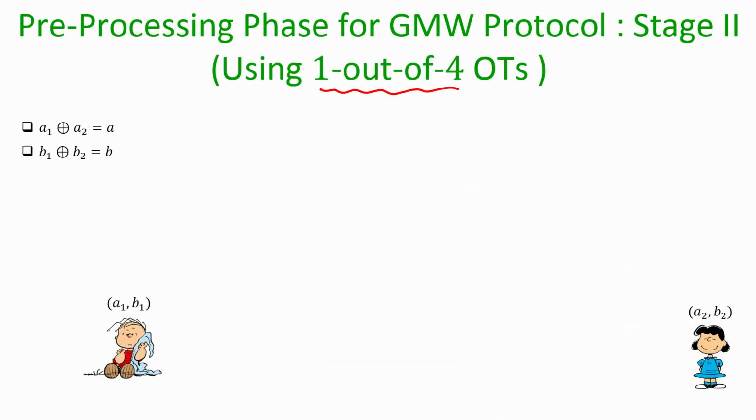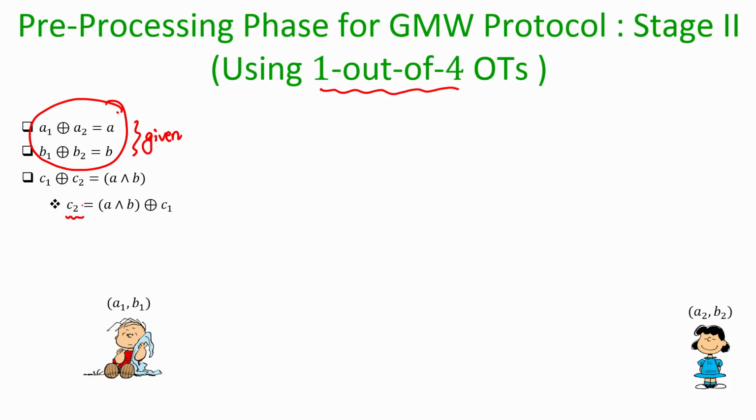Okay. So, the idea here will be the following: we are given this setup, A and B are secret shared, and our goal is to compute a secret sharing of the bit C, which is the AND of the bits A and B. So, I can write the second share of C as a function of the AND of A and B and the first share as per this expression, and based on this idea we can let the first party P1 pick his share for the C value randomly.